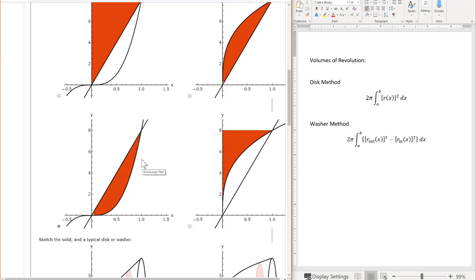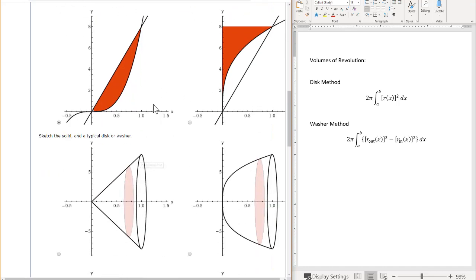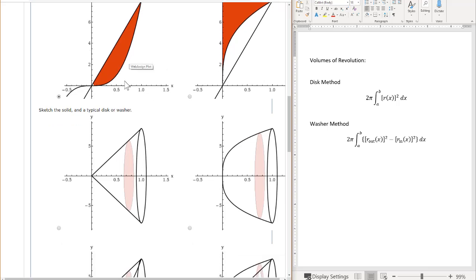So we spin it around the x-axis. Imagine the line being the outside, and this cubic function being on the inside. So there's a space between the area and the axis of rotation, so there's going to be a hole in our cuts. So this is going to be a washer method.